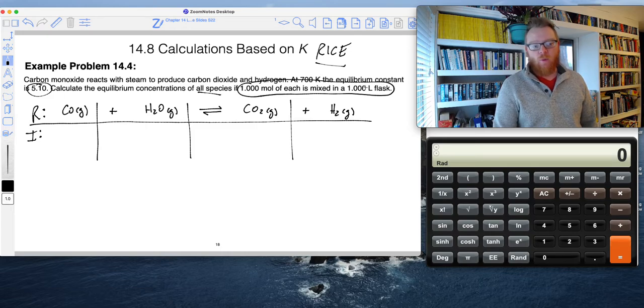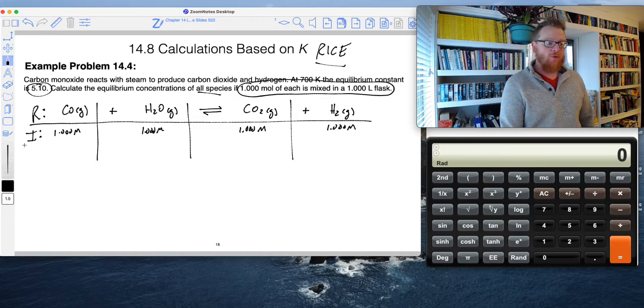So 1 mole in a 1-liter flask means 1 molar, and it says of all of them. So that's 1.00 molar, 1.00 molar, 1.00 molar, and 1.00 molar. Okay, great. So we got the I part.